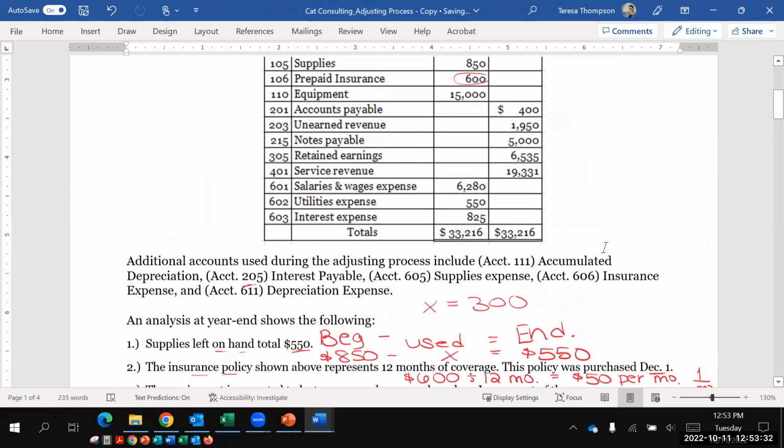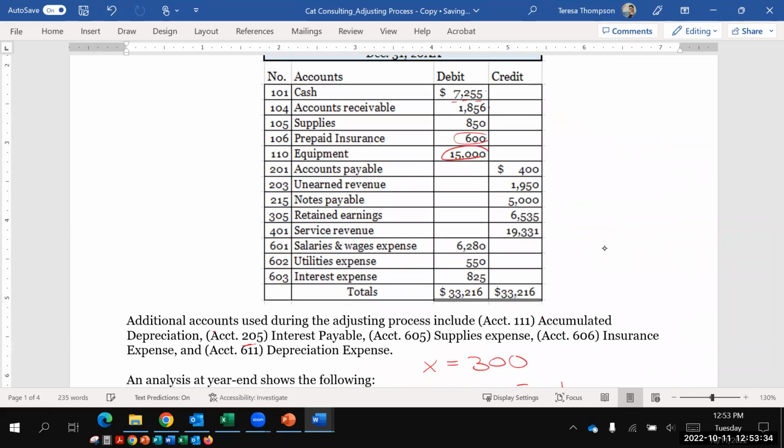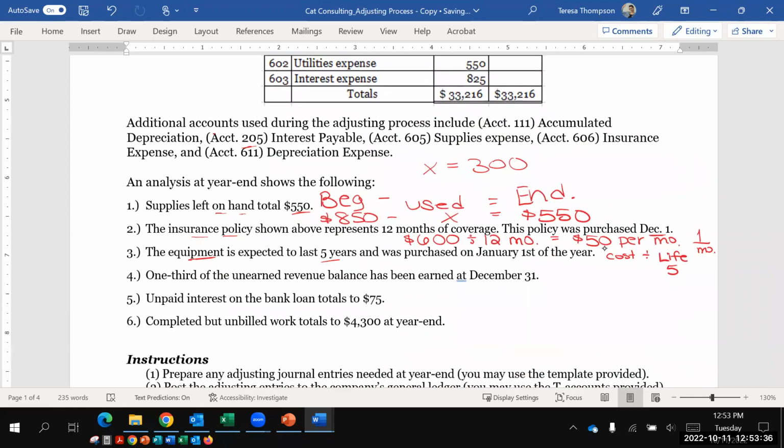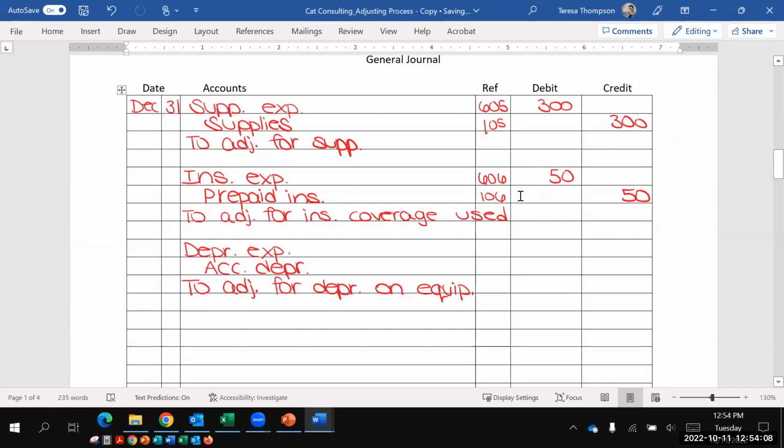It's not given here in number 3, but if we just scroll up here, we can see the cost. So that's $3,000 because this is the depreciation expense per year. And it says we've had it for the whole year from January to December. So we'll use all $3,000 to expense.